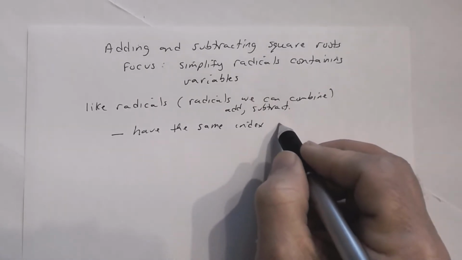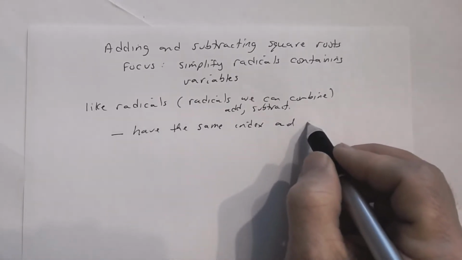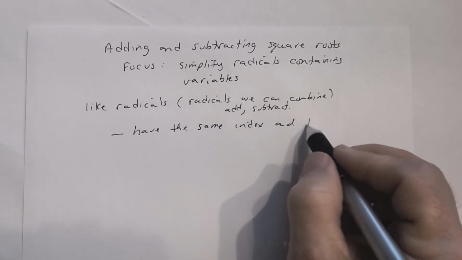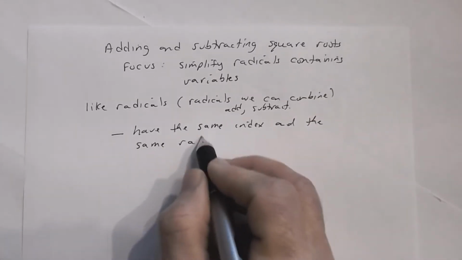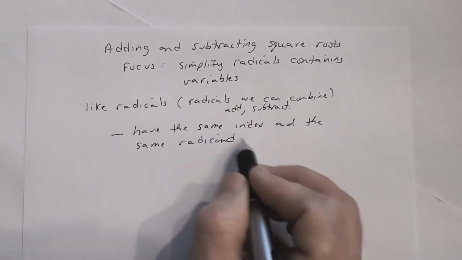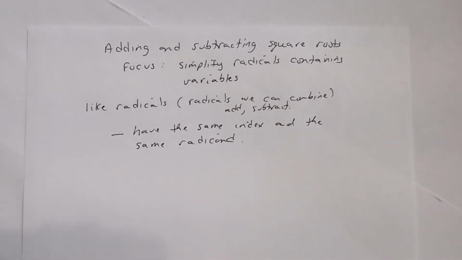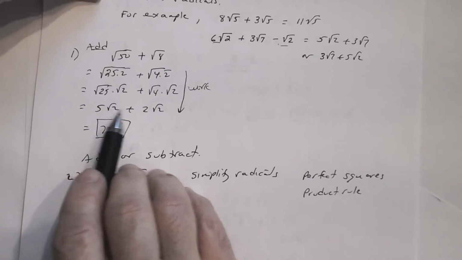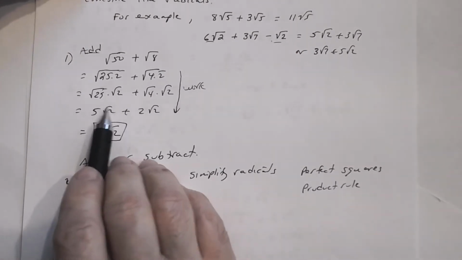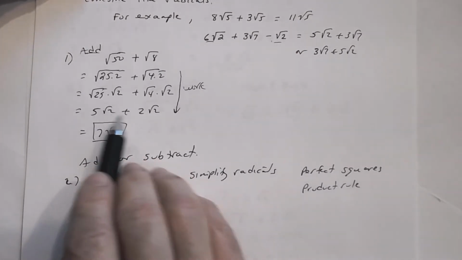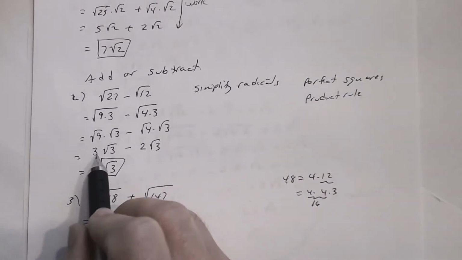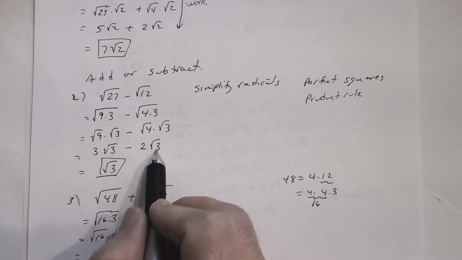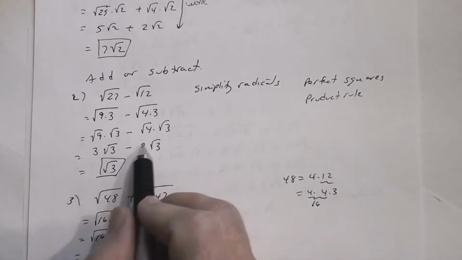They also have the same radicand. If we go back to the previous lesson, you'll see that I'm dealing with square roots, so they have the same index. The index is 2. The radicand is also 2, so they're the same. Over here, notice that these are like terms because the radicands are the same, they're 3's, and the index in both cases is 2.